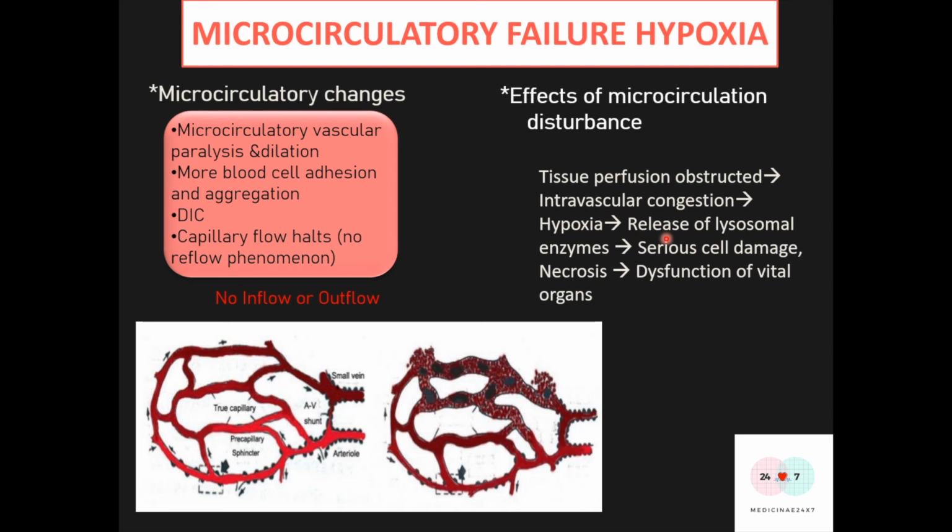Hypoxic damage of the vascular smooth muscle cells and the other tissue beds causes release of lysosomal enzymes, further causing serious cell damage, necrosis, and dysfunction of vital organs. Let us see the flowchart form of the microcirculatory failure hypoxia.